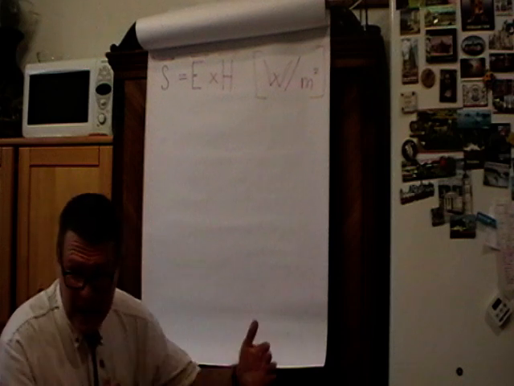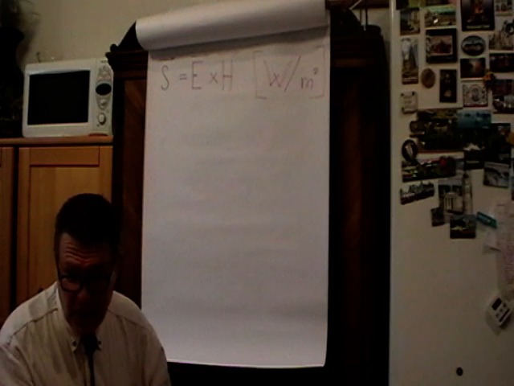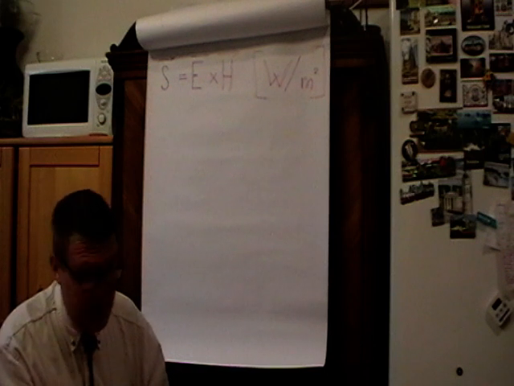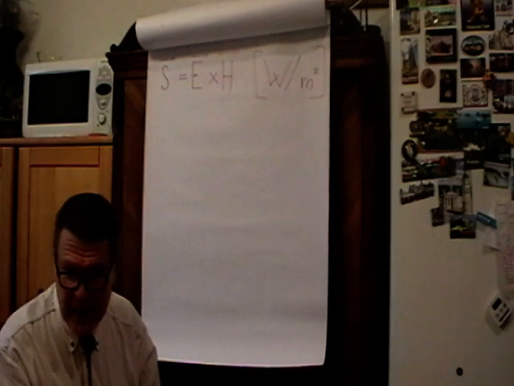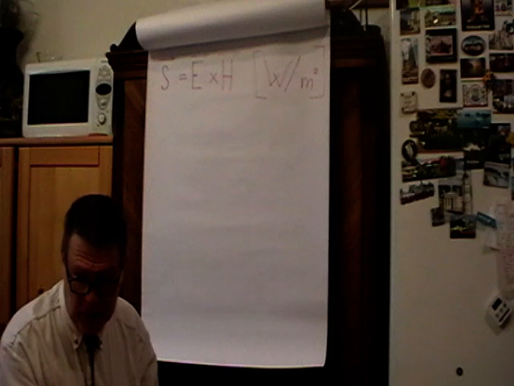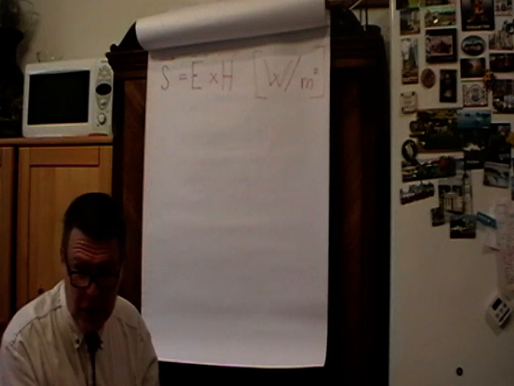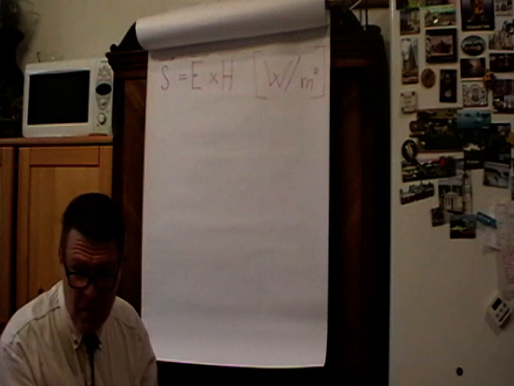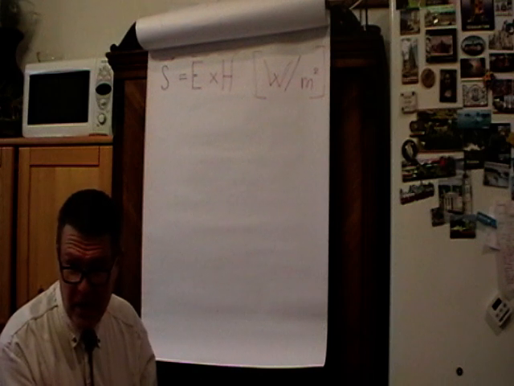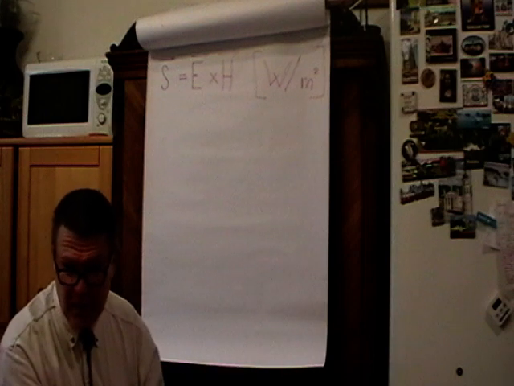The magnitude of the vector tells you how much energy flows through a certain cross-section, 1 square meter. So this vector is very important in establishing our knowledge of energy propagation, how the energy from the source gets to the load.